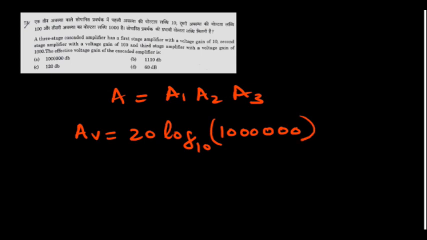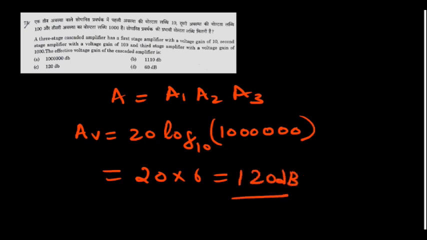Now 20 times the log of this, that is 6. So what is the dB? It is 120 dB. 120 dB is the answer. So option C is the right answer.